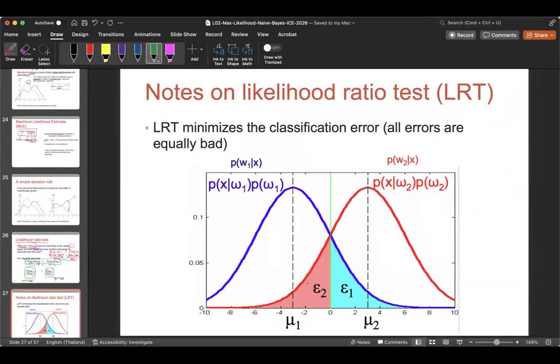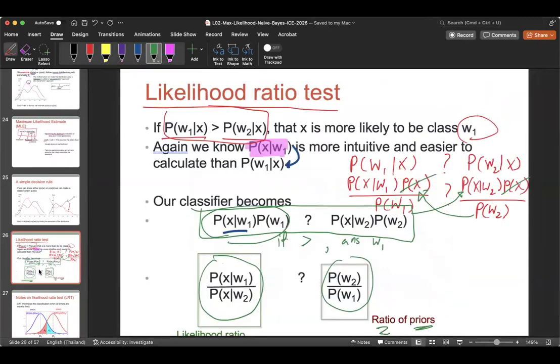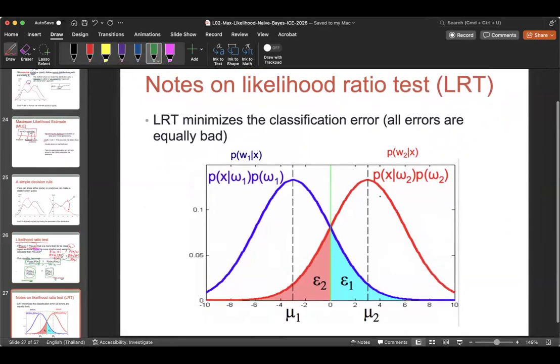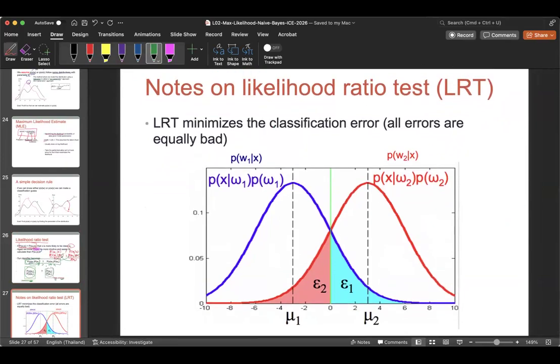The interesting thing about this simple-looking criterion of comparing the probabilities is that this technique, the likelihood ratio test, minimizes classification error. Why is it the case? Let's consider this. There's a distribution P of W given X for each of the two classes.